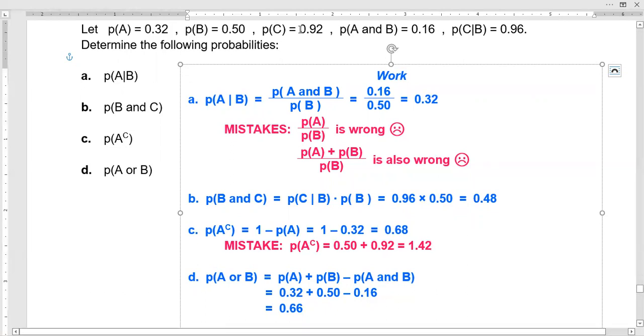We don't know what these events are, but A not happening doesn't mean that B or C or either one has to occur. So a common mistake is to add these up as if we were dealing with mutually exclusive events. That's also a mistake for part D. So in part D, a common mistake is leaving off the subtraction piece. So you want to make sure that you don't do that, that when you're finding an or probability, you want to make sure that you're subtracting that and piece, especially if it's been given to us.